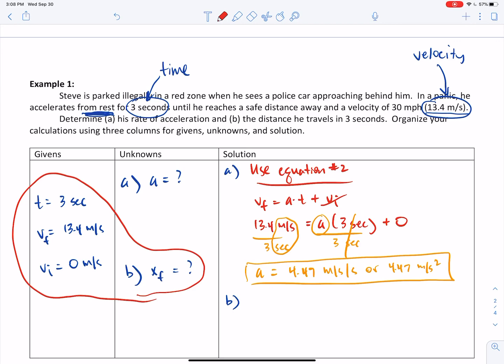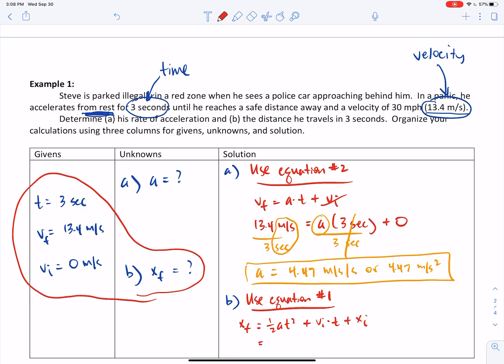Let's use equation number 1. Which was that the final position is equal to 1/2 AT squared plus the initial velocity times time plus the initial position.